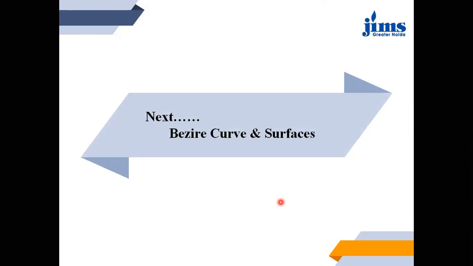Now we will discuss point by point what we have done and what we have not done. So I will repeat the things point by point in the next lecture so that it will be more clear that we have done our syllabus completely.